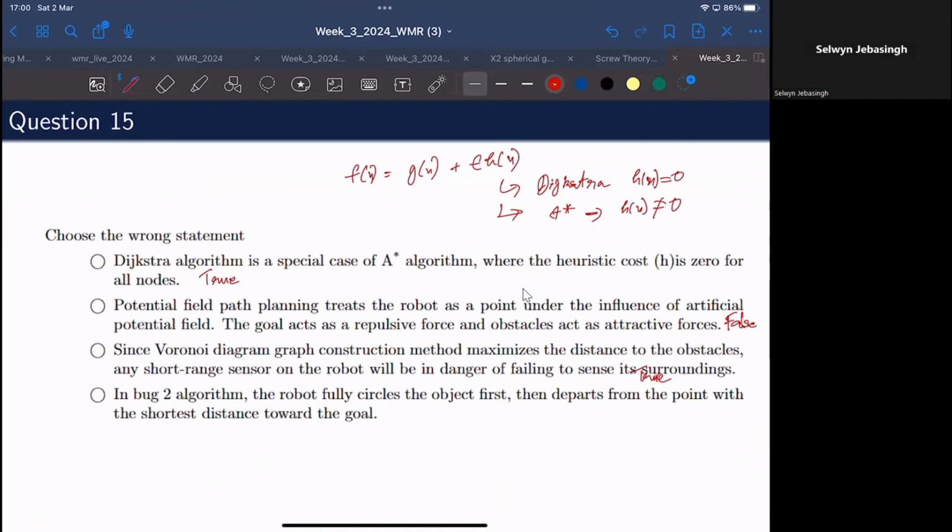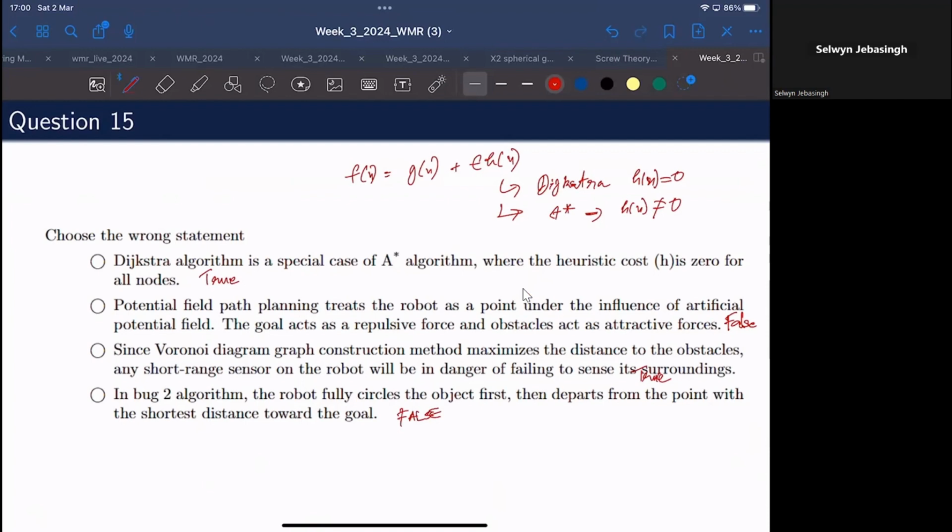Okay, the final option says in Bug2 algorithm, the robot fully circles the object first, then departs from a point with the shortest distance towards the goal. So that is also false, because it is Bug1 algorithm that fully encircles the obstacle, then departs along the shortest distance. Bug2 never fully encircles.